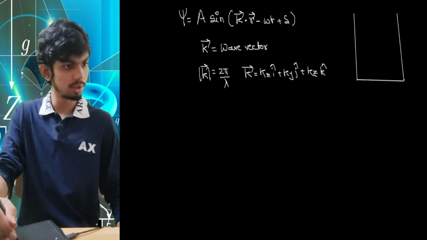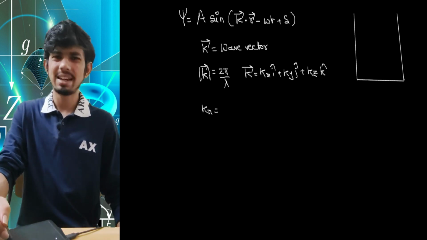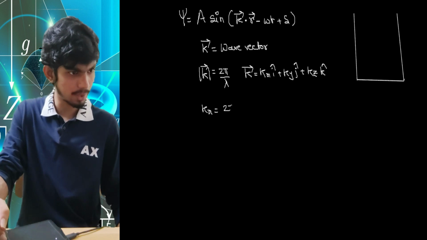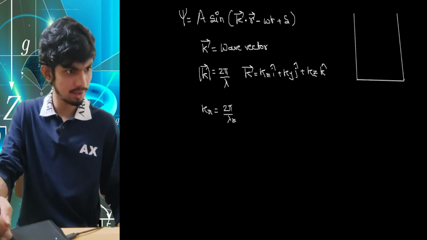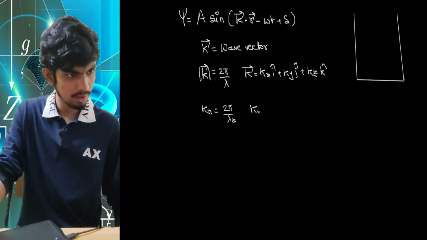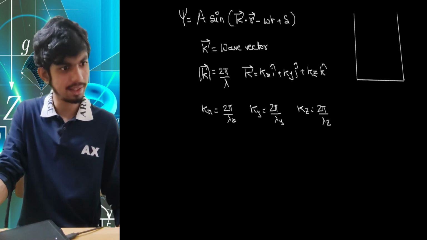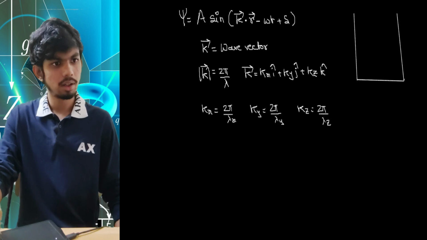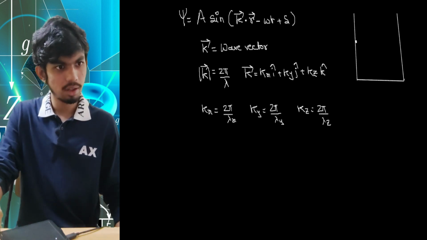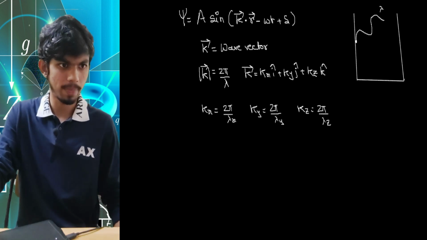And each of these components have magnitudes in this particular format. 2 pi by lambda x is kx, 2 pi by lambda y is ky, and 2 pi by lambda z is kz. Now let's say I have a wave which is moving like this with a wavelength lambda.